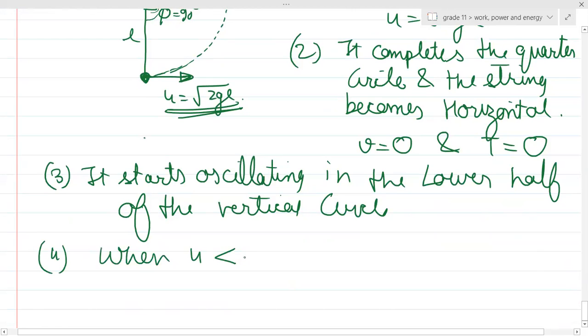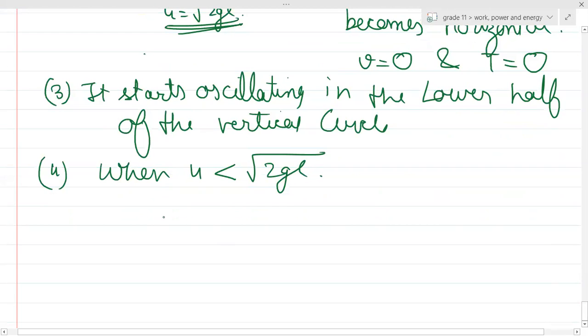Achha, what will happen if you throw with a speed less than under root 2gl? Will the string ever be horizontal? No, sir. So basically it will reach a maximum amplitude phi, then it will come back, go to the other side and reach phi.